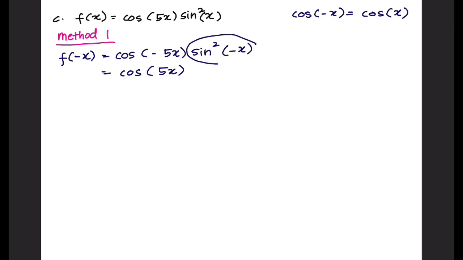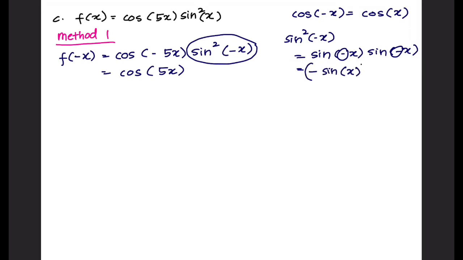Okay, sine square of negative x equals sine of negative x multiplied with sine of negative x. You can factor out the negative, so it becomes negative sine x multiplied with negative sine x.